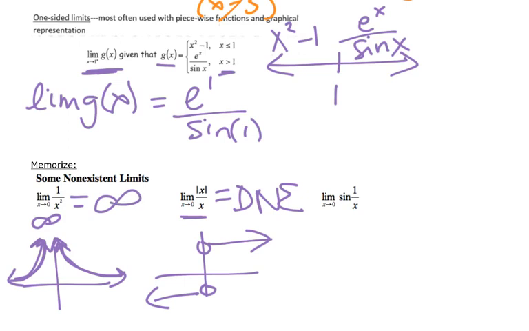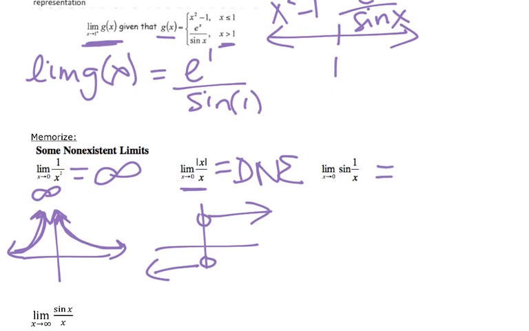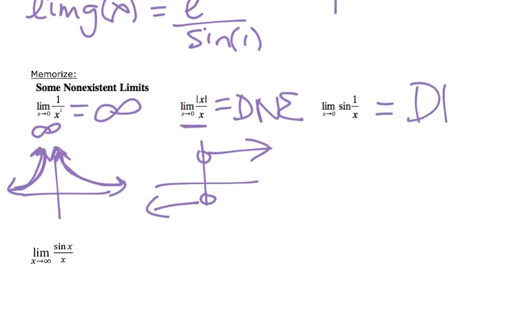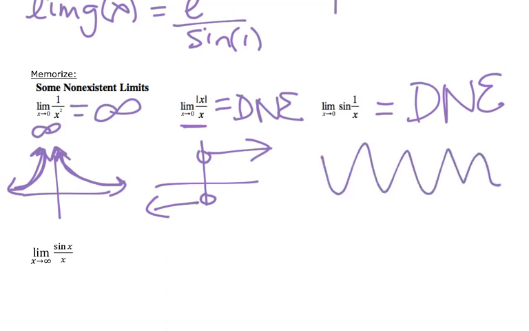So we can either say that this does not exist or that it's equal to infinity. The limit of sine of 1 over x as x approaches 0 also does not exist because it's an oscillating function, so it never approaches a single value.